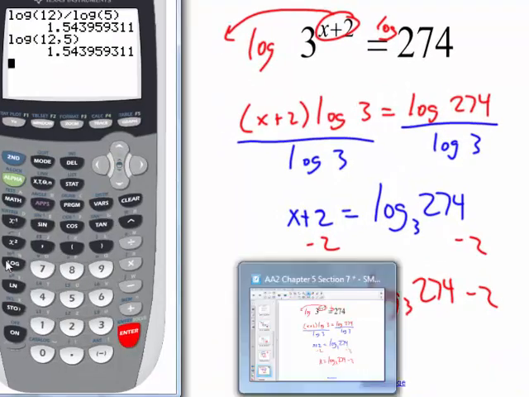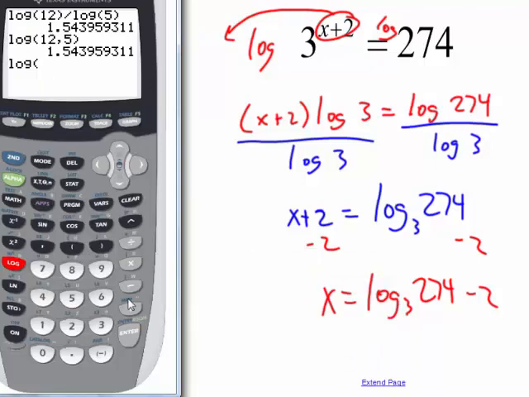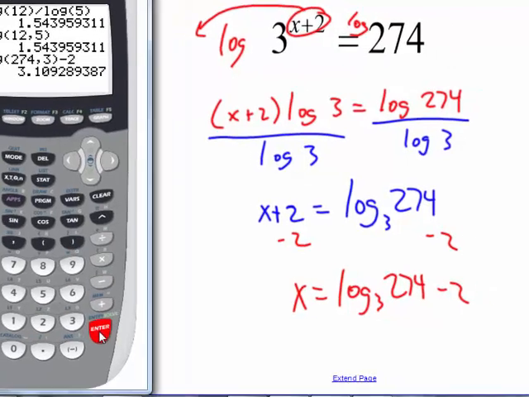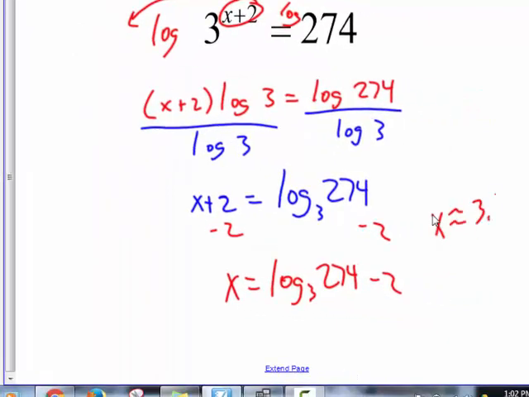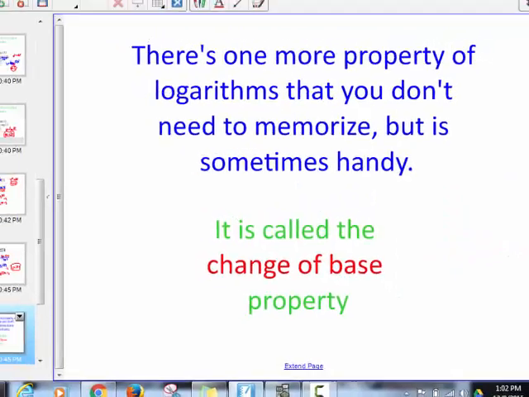So I'd take my calculator, I'd say the log of 274, either divided by the log of 3 or base 3, and then subtract 2. And I get about 3.11. That would be a good answer. So round to the nearest hundredth, about 3.11. And that's it. So basically, anytime to get a variable out of the exponent, you need to take the log of both sides. That's what we're really trying to get through.